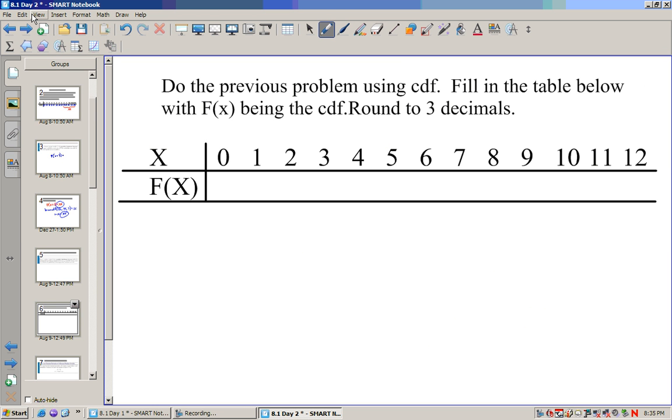So if I want to do the binomial CDF for this problem, take a second and fill in all these data points.